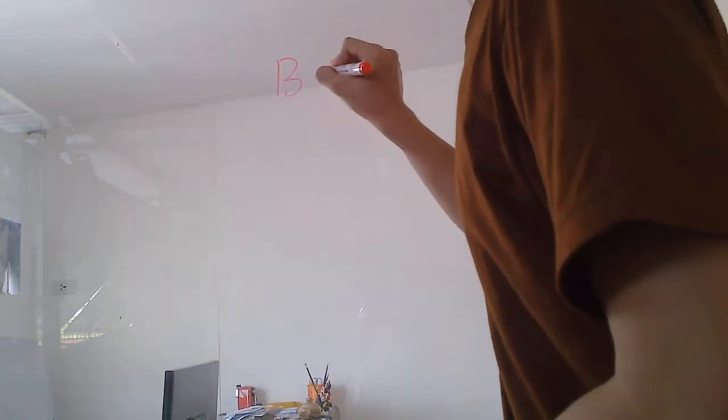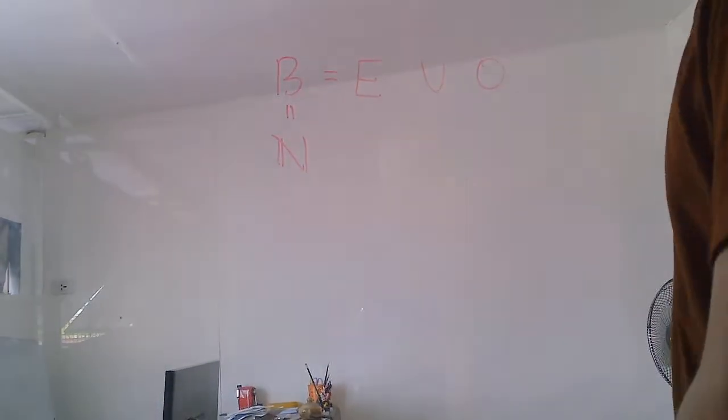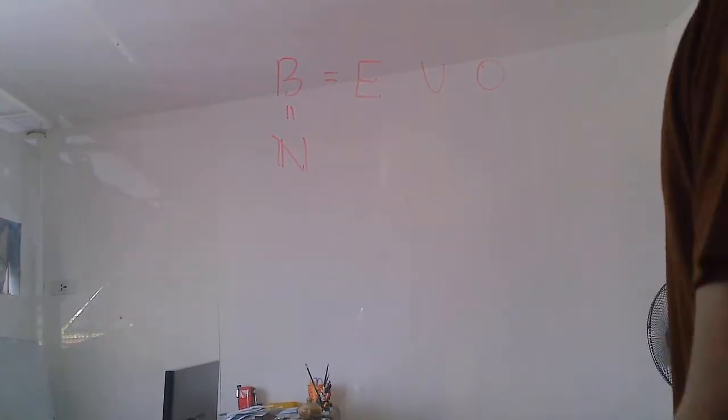Okay, so follow me closely here. We know that B, our natural numbers, is equal to the union of the even and odd numbers. The even numbers are 2, 4, 6, 8, and so on, the multiples of 2 basically.